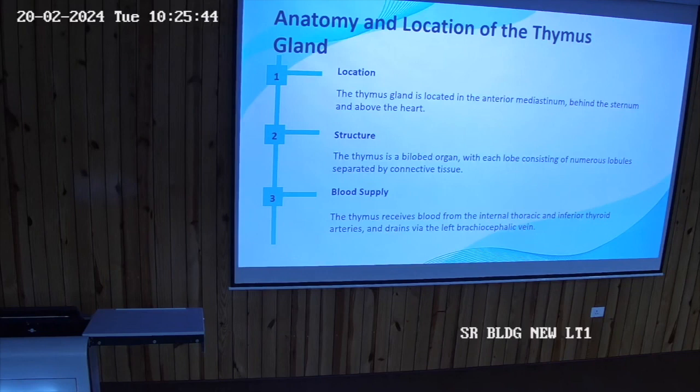Okay, the zygote is the only cell which is totipotent. Okay, and stem cell is, so what's the difference between pluripotent and totipotent?